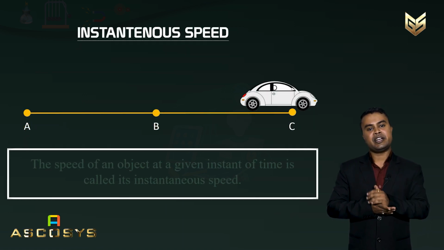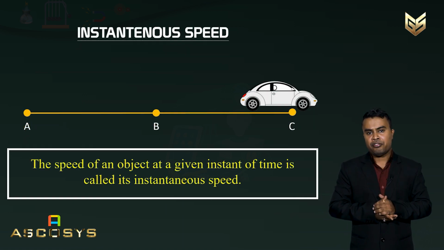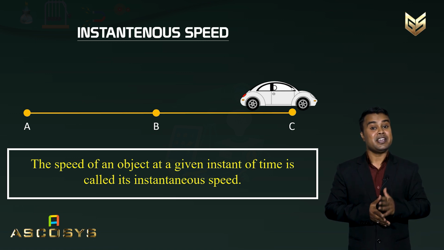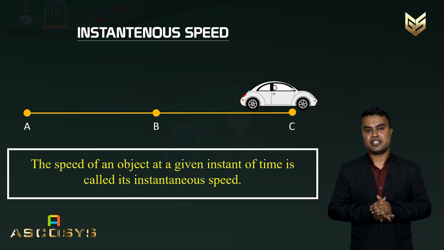In definition, we can write down the speed of an object or body at any instant of time is known as instantaneous speed. There is a mathematical expression also, which is exactly like the velocity one. So, I will be discussing the mathematical expression in the velocity.